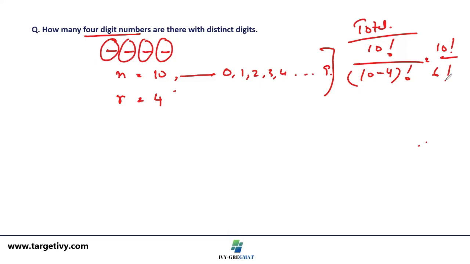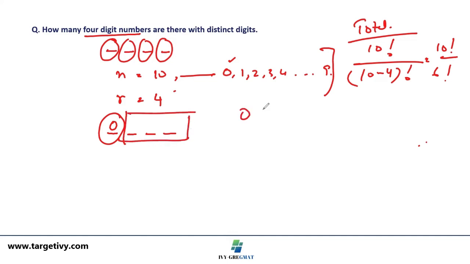But there's a twist here. Remember, if there are 4 distinct numbers and we have taken 0 into consideration, we will have a certain number of numbers with 0 in the beginning, in the thousands place. Hence, those numbers have to be excluded, because this number becomes a 3-digit number now.